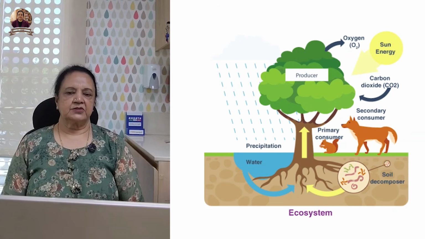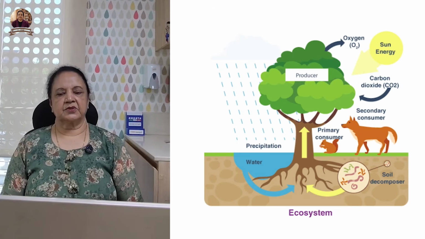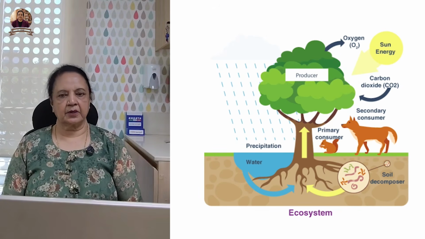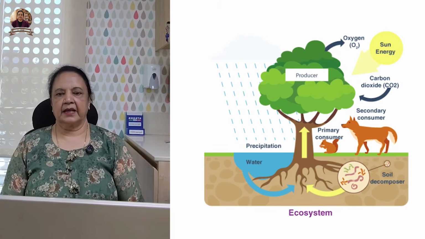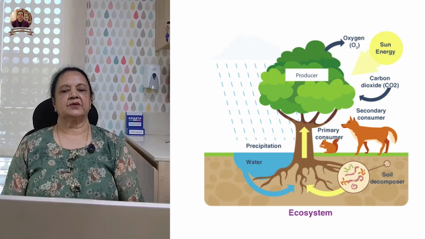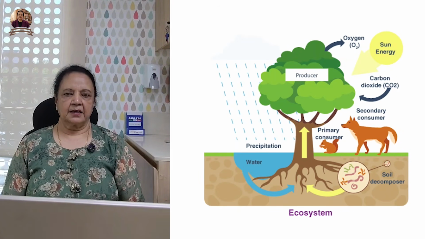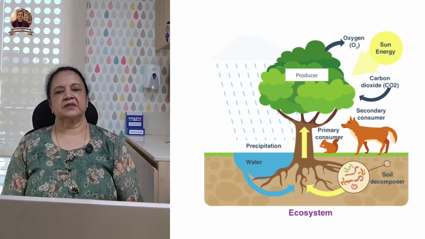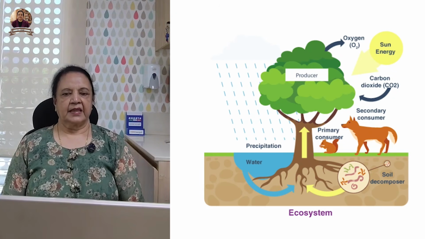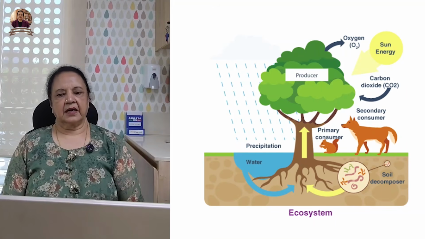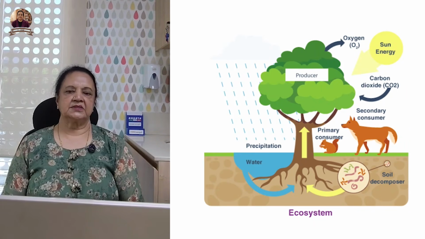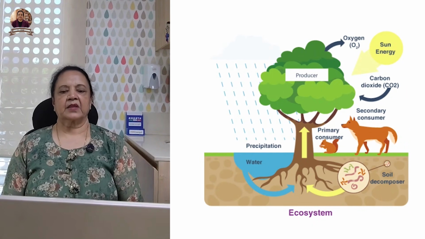Second group is of the consumers or the heterotrophs, organisms that cannot produce their own food and depend on the producers. They include herbivores, the primary consumers, carnivores, the secondary consumers, and the omnivores. And the third group is of the decomposers, saprotrophs.